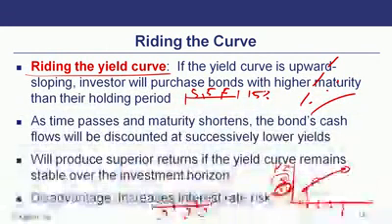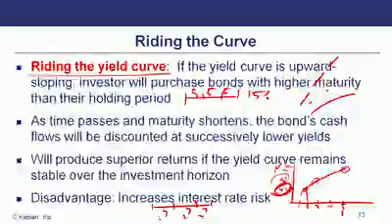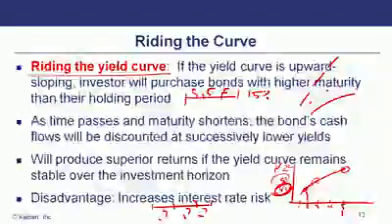But nonetheless, there are some reasons that we have to use it anyway when we're pricing things like forward rate agreements, because there are arbitrage opportunities if you don't. Anyway, this is riding the yield curve, and it's an example of what an active manager might do if they think that forward rate curve is too steep and it's not really going to evolve that way.